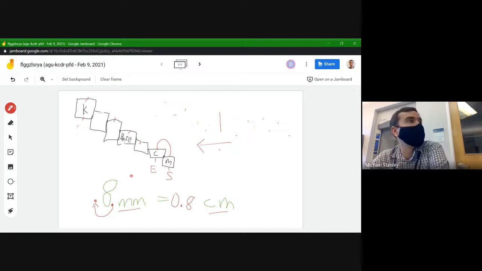So 8 millimeters becomes, with the decimal in front, 0.8 centimeters. So we figured out our starting, figured out our ending, counted the steps and the direction, and then moved our decimal point that many steps in that direction.